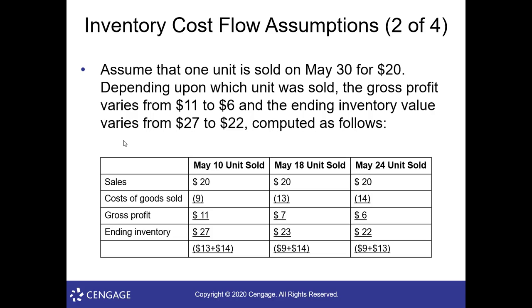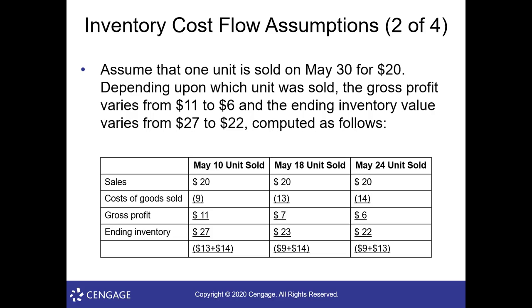If we in fact sold the one that we purchased on May 18th, that gives us a gross profit of $7, leaving us with $23. And if it was the last item, it was $14, giving us a gross profit of $6 and $22 in ending inventory.